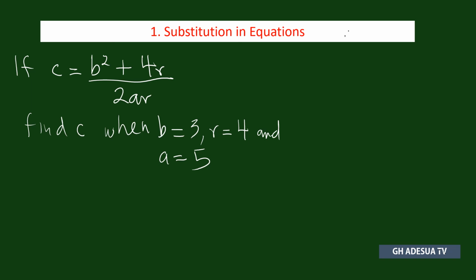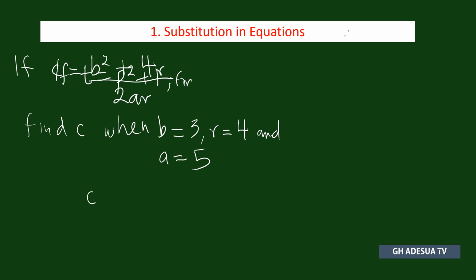Now in this question, we have c is equal to b squared plus 4r over 2ar. You are asked to find c, and they've given the values of the other letters: b is equal to 3, r is equal to 4, and a is equal to 5. So what you do is, any place you see these values, you put these numbers there.